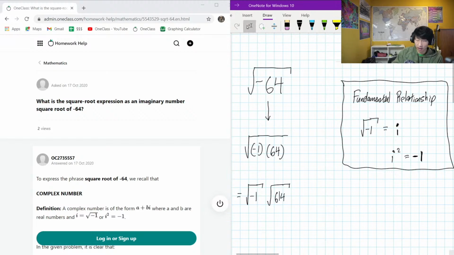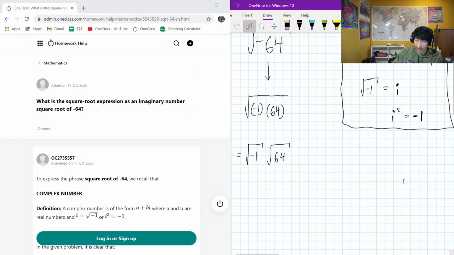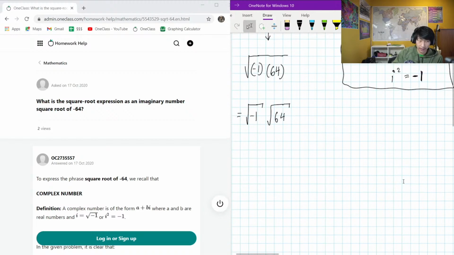Hopefully, all of us are well familiar with the fact that 8 times 8 is 64. So you could also write this as the square root of -1 times the square root of 8 squared. We're not really going to worry about plus minus right now. Let's just worry about the absolute value.